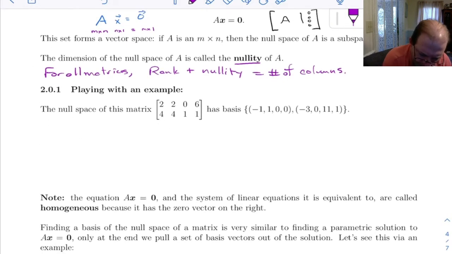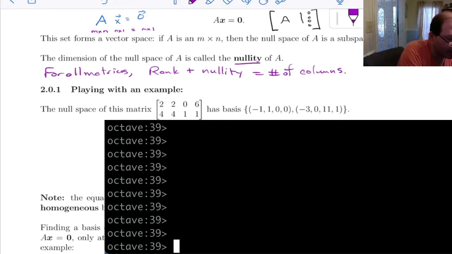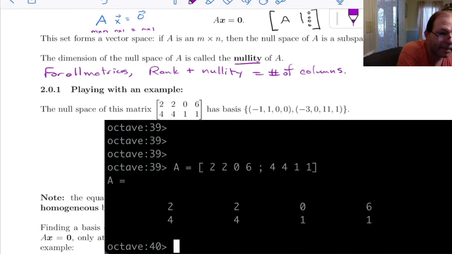So this example I've got here says the null space of this matrix has this basis. So let's play with that, and let's use Octave to do it. I'm going to put in the matrix, I'm going to call it A here. A is the matrix 2, 2, 0, 6. And the second row is 4, 4, 1, 1. And I'm going to call these two little vectors over here B1.